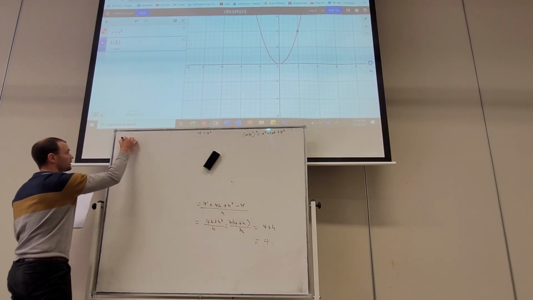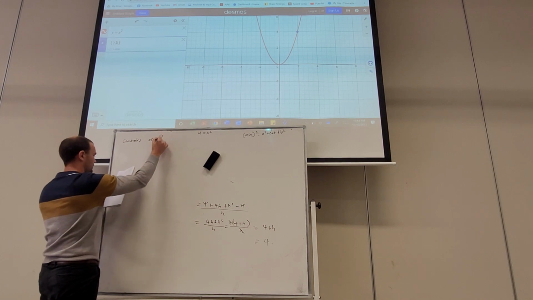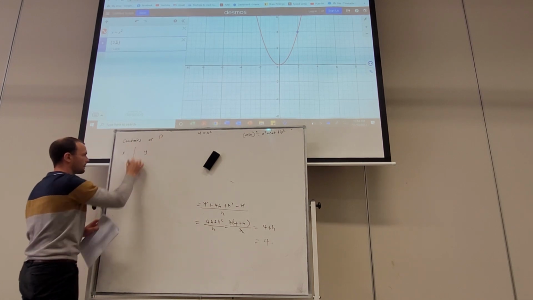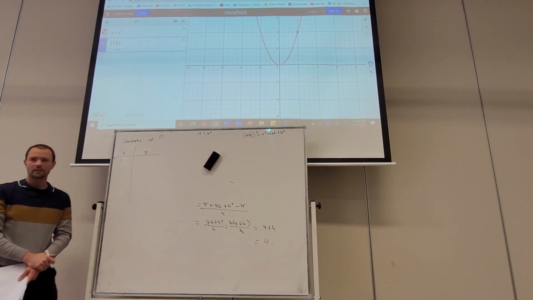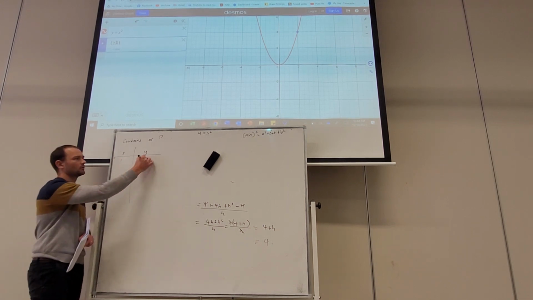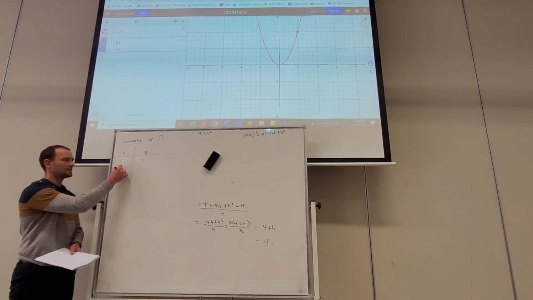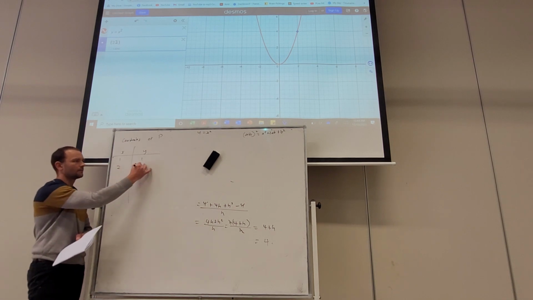So coordinates of P, and we've got x and y. Okay, these are easy to get. If we have x is 1, then the y value is 1 squared, 1. If we have x is 2, then the y value is 2 squared, 4.